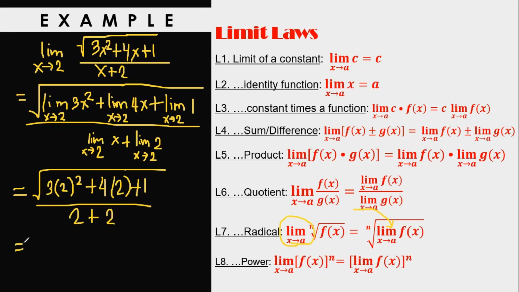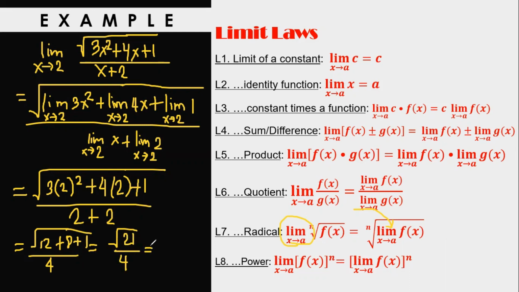So the answer here will become the square root of, what would be the answer? 3 times 4 will become 12, right? 12 plus 8 plus 1. Compute this for a while. 12 plus 8 plus 1 is equal to 21. Square root of 21 over 4. That is the value.